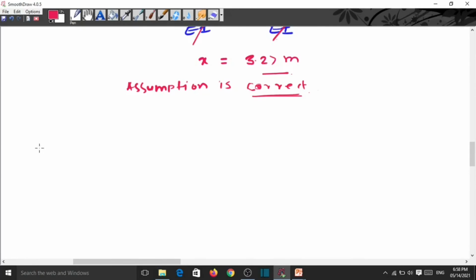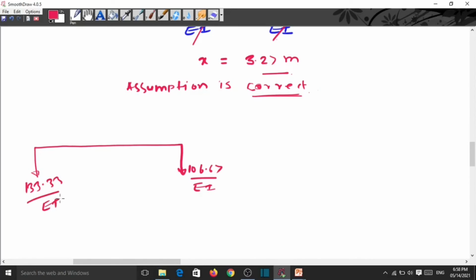Now suppose this is the total beam. This reaction is 106.67 divided by EI, this is 133.33 divided by EI, and this is our loading, 80 by EI.